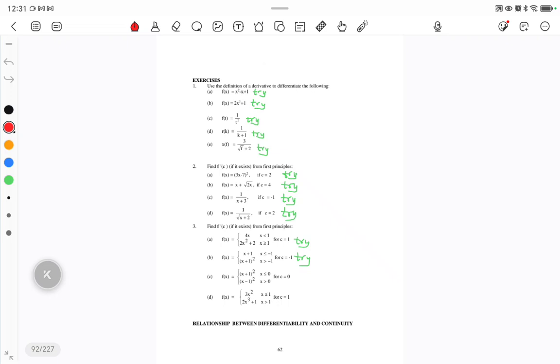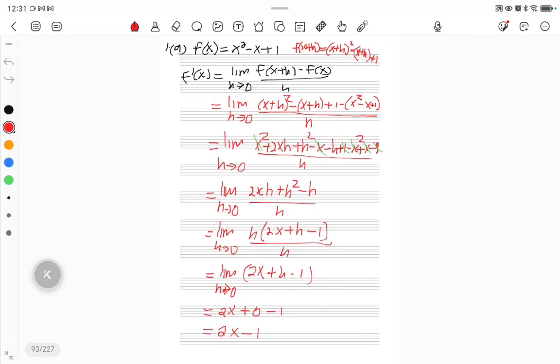Then I would say we do r of k is equal to 1 over k plus 1.